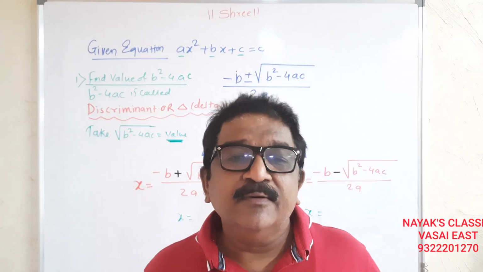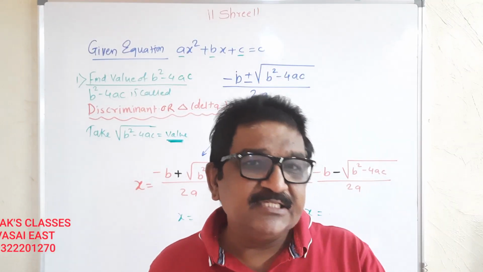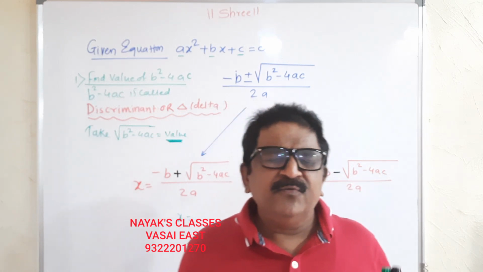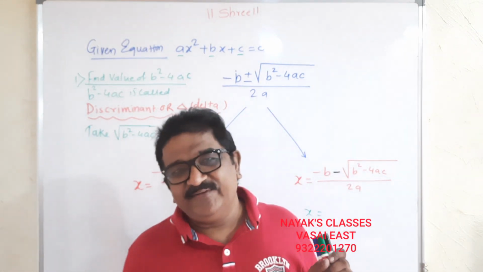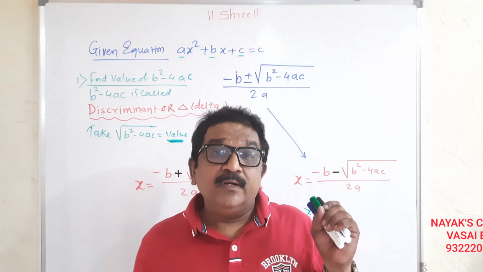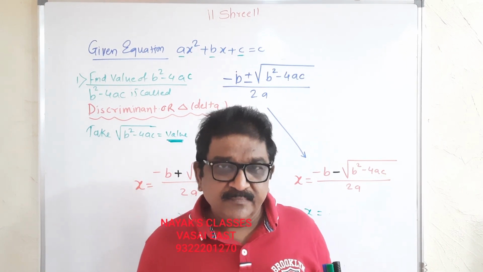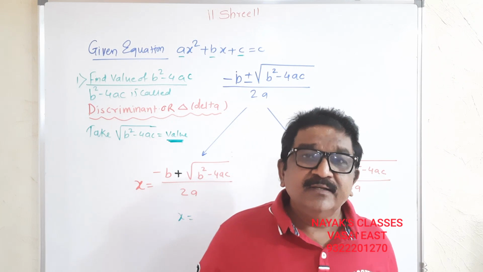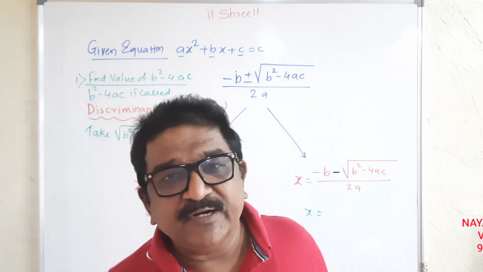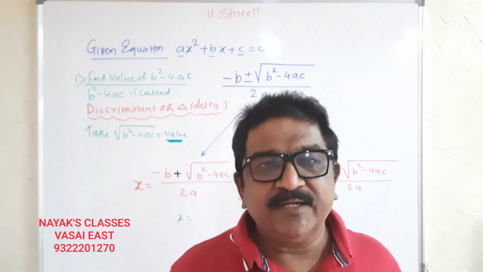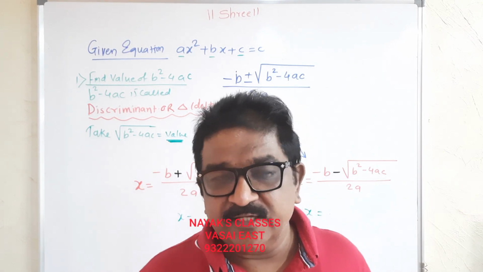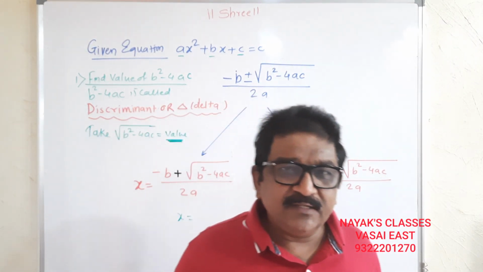Third was completing the square. This is the fourth method. Very easy. If you know the coefficients and constant term, you will be able to get the roots of that particular equation within seconds. It's very easy.